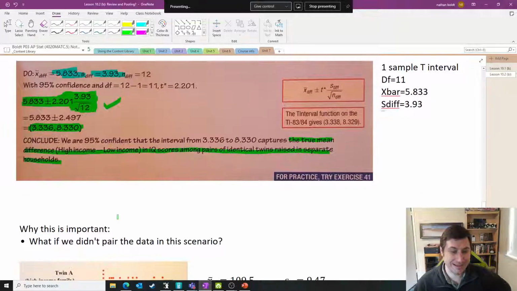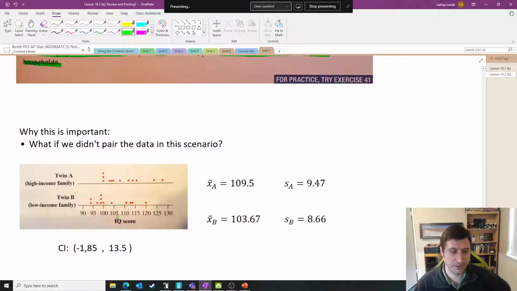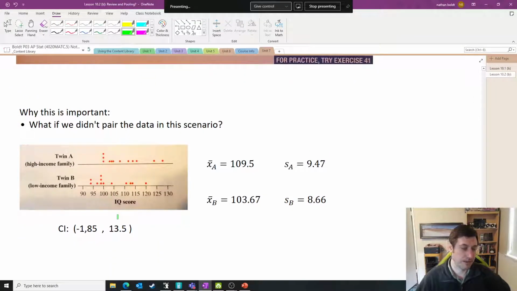So if we did that in this case, I just did it for the fun of it. Here's the dot plot for twin A's IQ and twin B's IQ scores. They're not a whole lot different, are they? They really aren't that different.